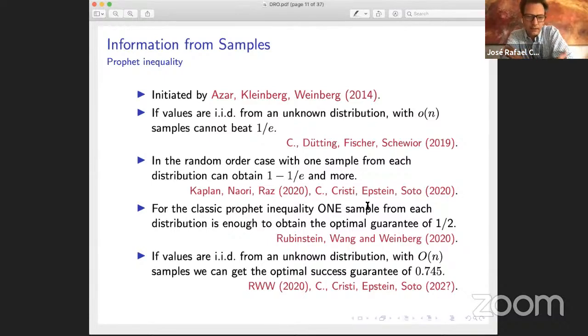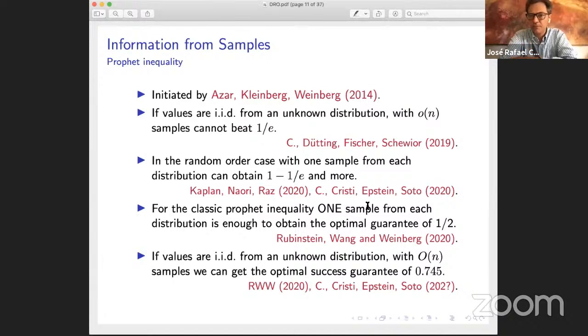An amazing result, I think. An amazing result is the following. In the classic prophet inequality, your optimal guarantee is 1/2. And there is this recent paper by Rubinstein, Wang, and Weinberg that proves that if you have one sample from each distribution, exactly one sample, you can get the optimal guarantee.